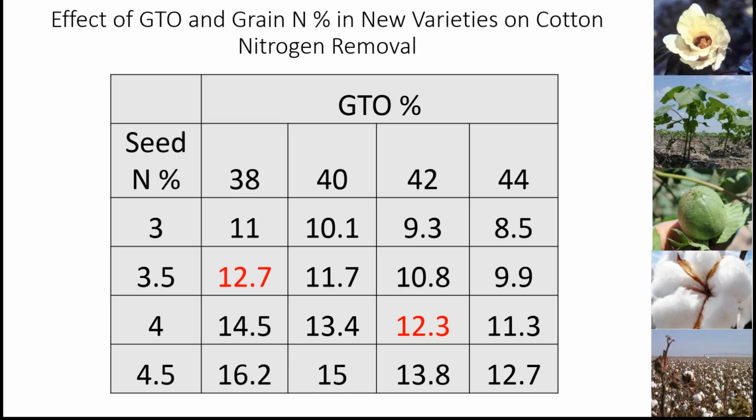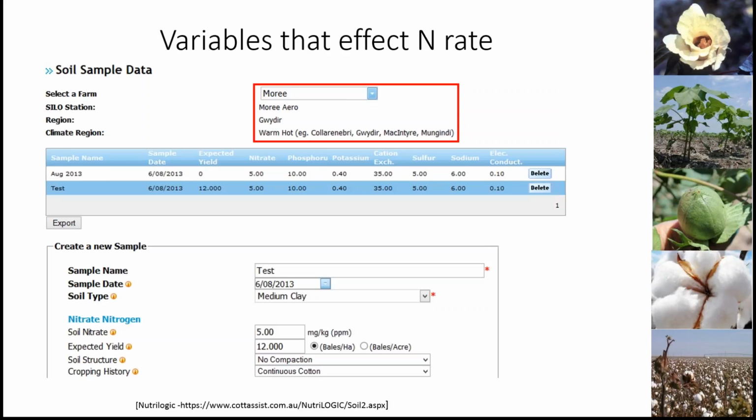So just exploring quickly the variables that affect N rate. I've taken these images from Nutrologic, which if people haven't had a look at it, throws together some of the variables that affect nitrogen efficiency in any particular area. And as I described yesterday, one of the ones that drives the potential or the rate of development of the crop is obviously temperature.